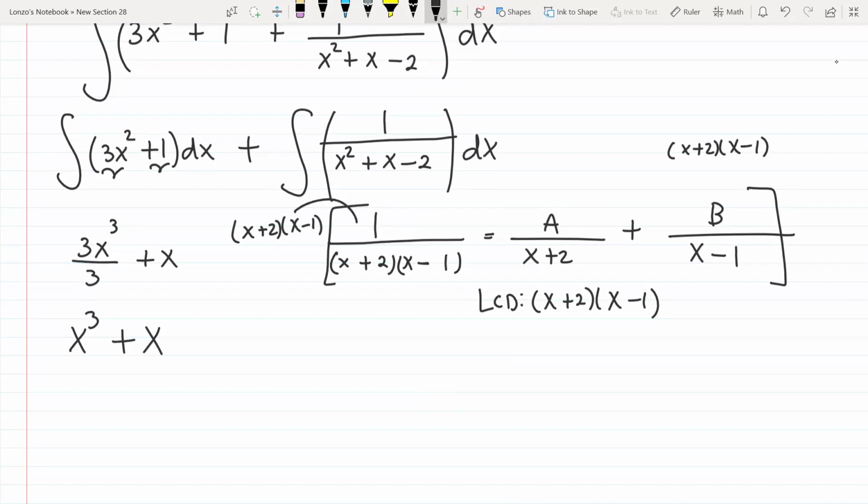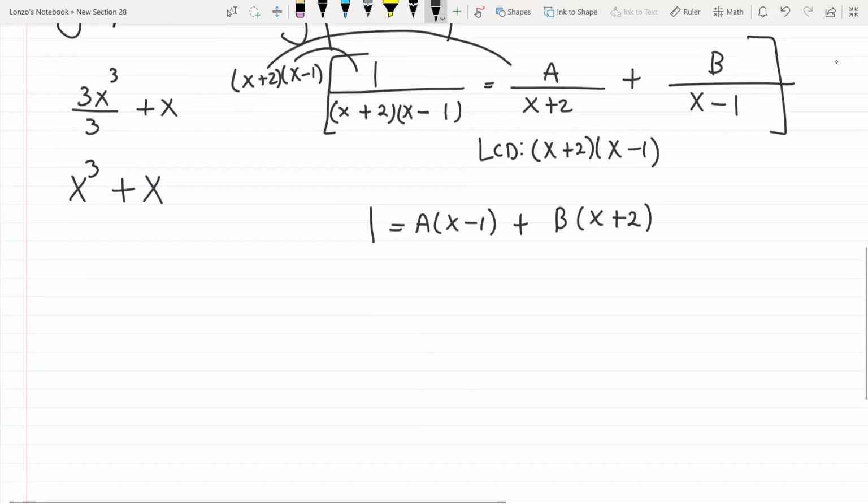On this side, what do you see that cancels? Everything, so you're just left with 1. On this side, the x plus 2 cancels, and you're left with A times x minus 1. On this side, the x minus 1 cancels, so you're just left with B times x plus 2.